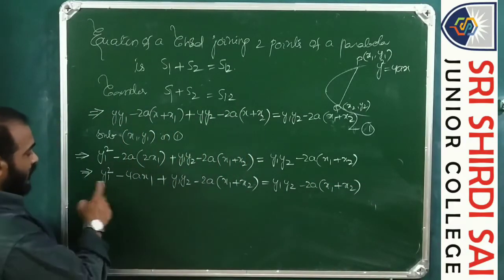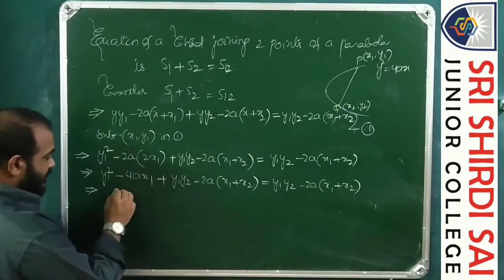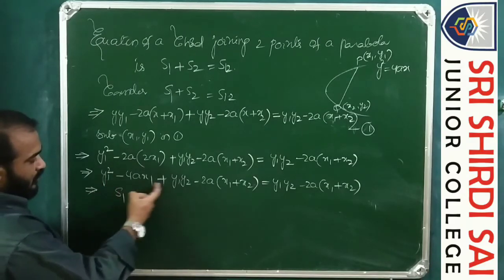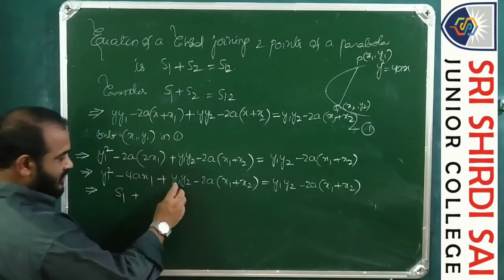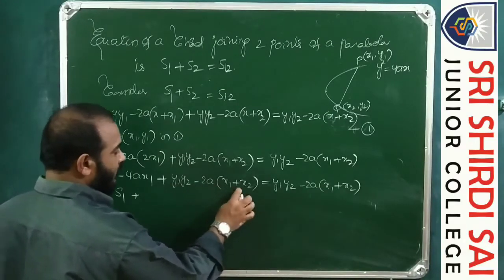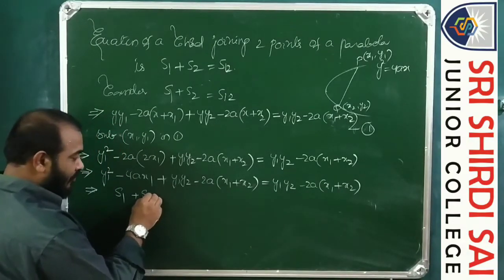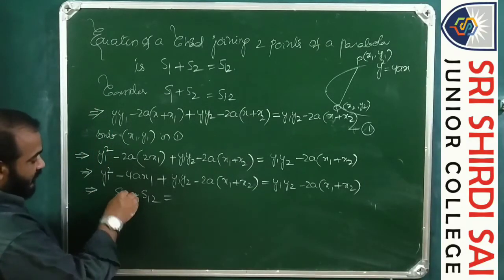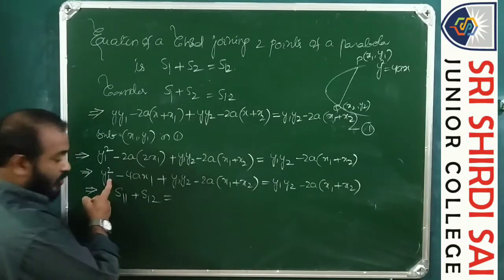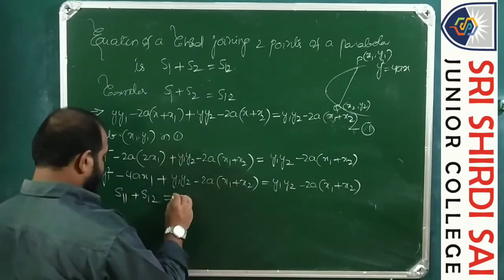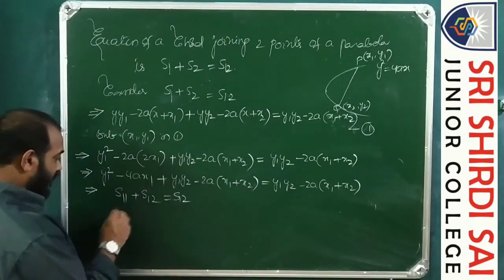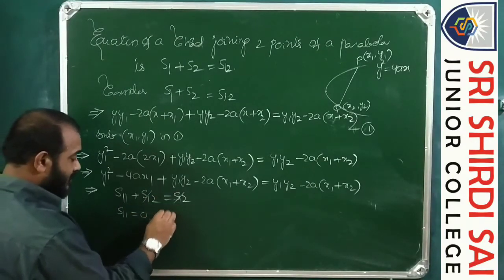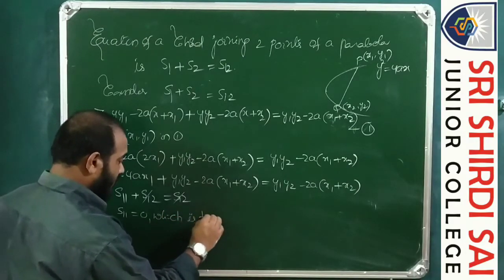So what is y1 square minus 4a x1? This is the notation of S11, plus y1 y2 minus 2a into x1 plus x2, which is S12, equals y1 y2 minus 2a into x1 plus x2, which is S12. So here S11 equals 0, which is true.